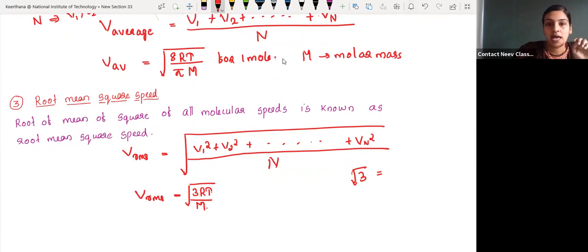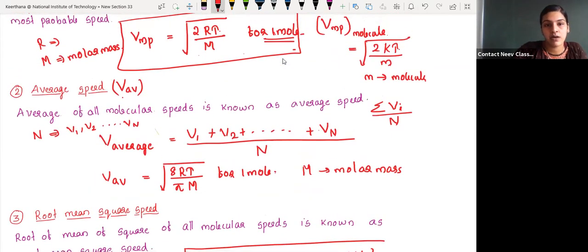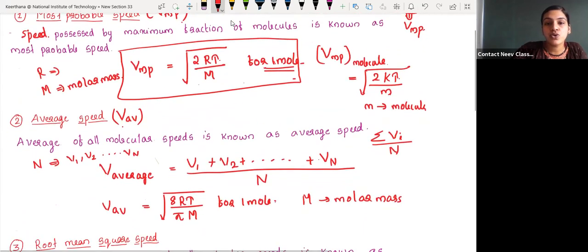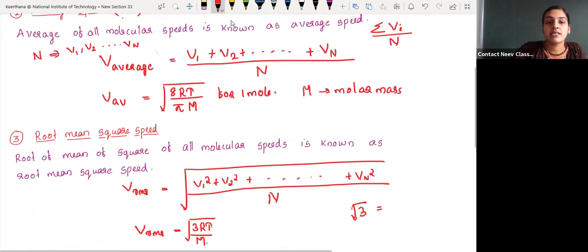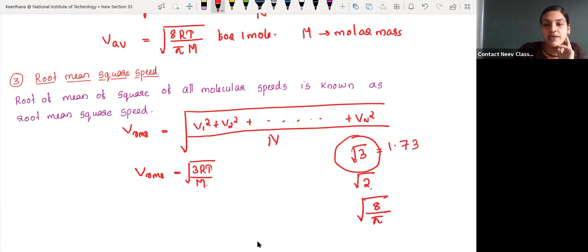Actually, all these have a common factor, which is root RT by M. VMP is root 2 into root RT by M, V average is root 8 by pi into root RT by M, and Vrms is root 3 into root RT by M. If you are comparing these values, Vrms will be greater since it is multiplied by root 3. Root 3 is 1.73 and root 2 is 1.41.